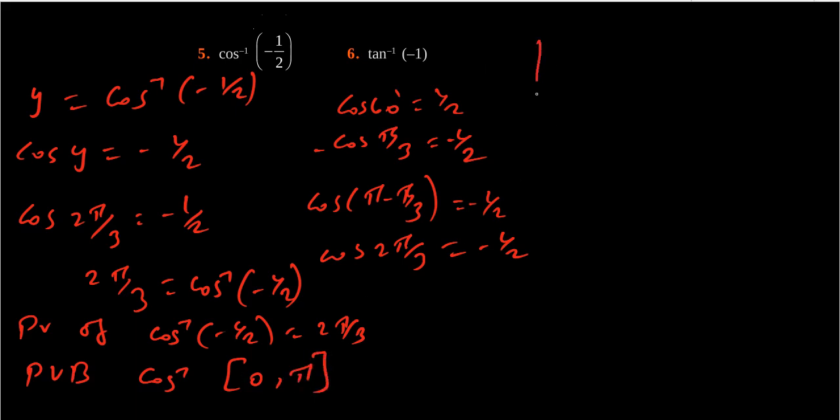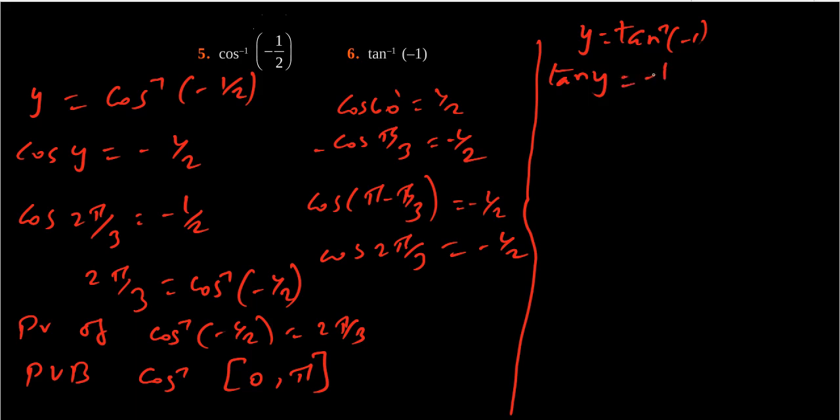Next question. Sixth one. Tan inverse of minus 1. Let me take the given function as y. So y is equal to tan inverse of minus 1. It will become tan y is equal to minus 1. First we'll take 1 itself.